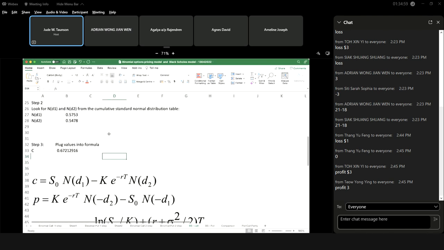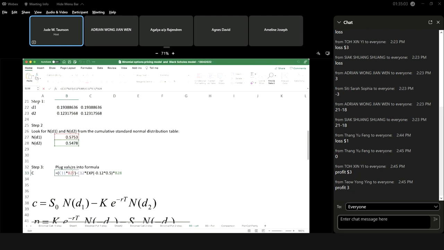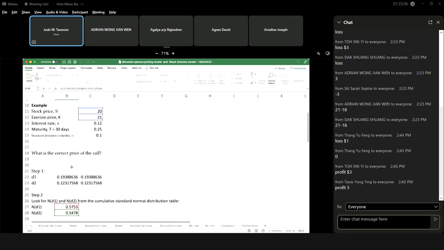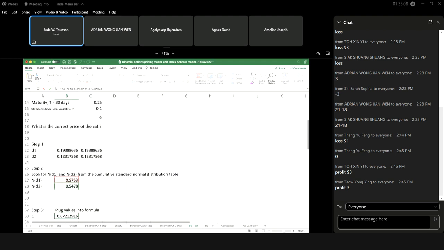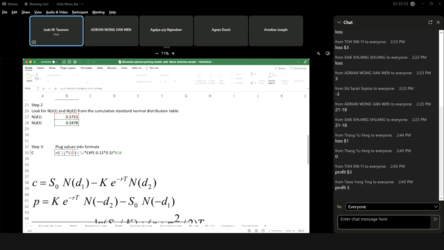So basically, this is stock price times D1 minus strike price times exponential of minus 0.12 T times D2. Okay, enter, you get this amount.